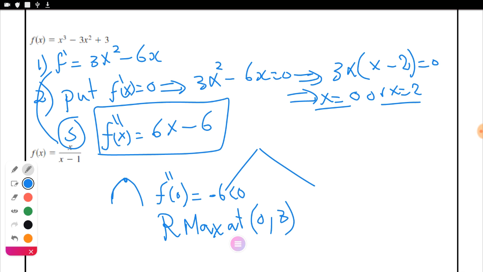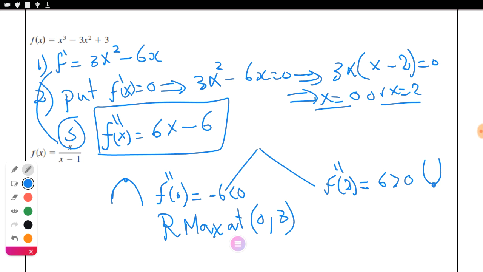Clear? Okay. Then find the second derivative at the second critical number. Just replace in the second derivative: 12 minus 6, it will be 6, greater than 0. It means concave upward.